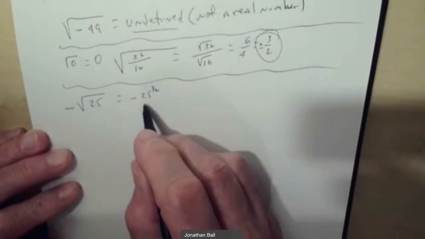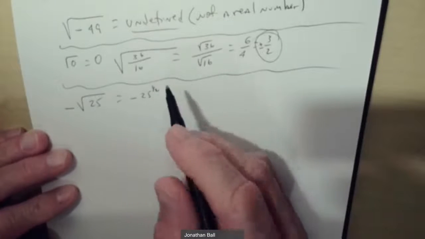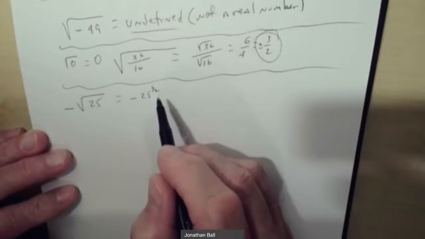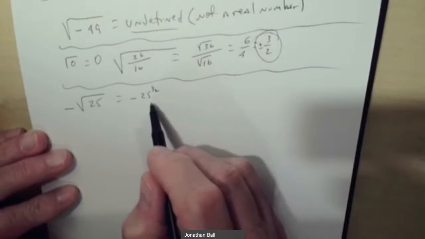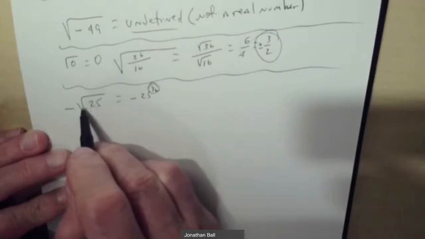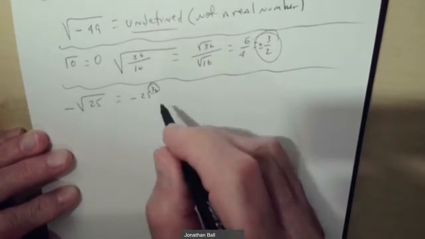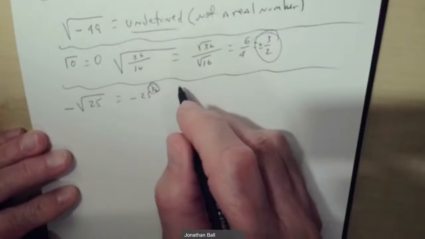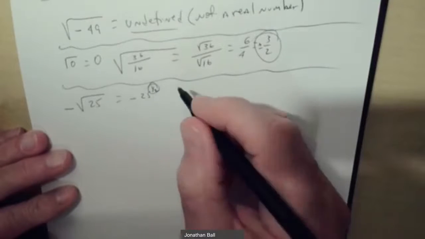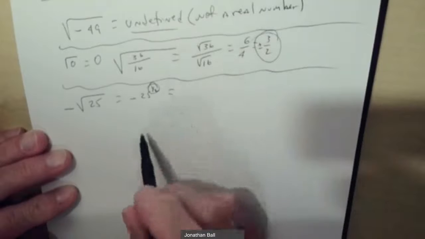But what would we do first here? This is PEMDAS, order of operation. Do we have any parentheses? No. Do we have an exponent? Oh, yeah. Okay, so the radical here is the same thing as an exponent.